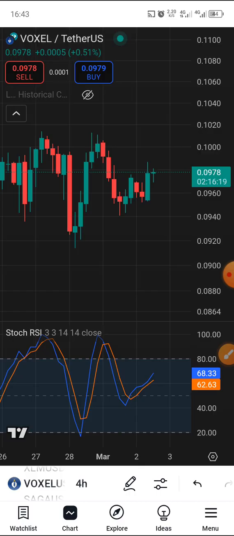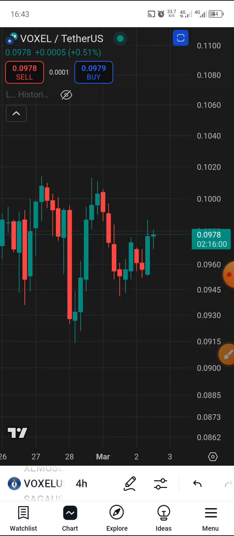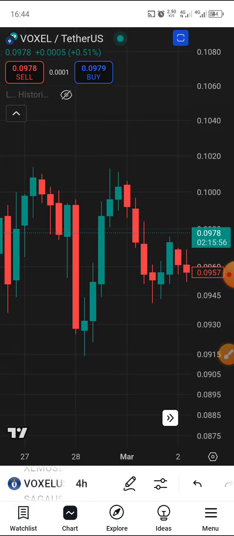How can you find those points on your chart? Today's class is going to be shorter than yesterday's because this is just an alternative on how you can get your support or resistance line.